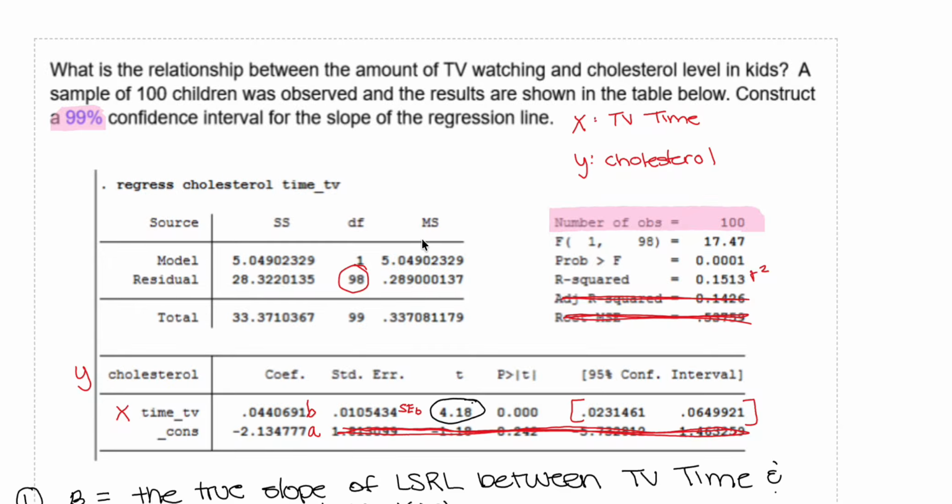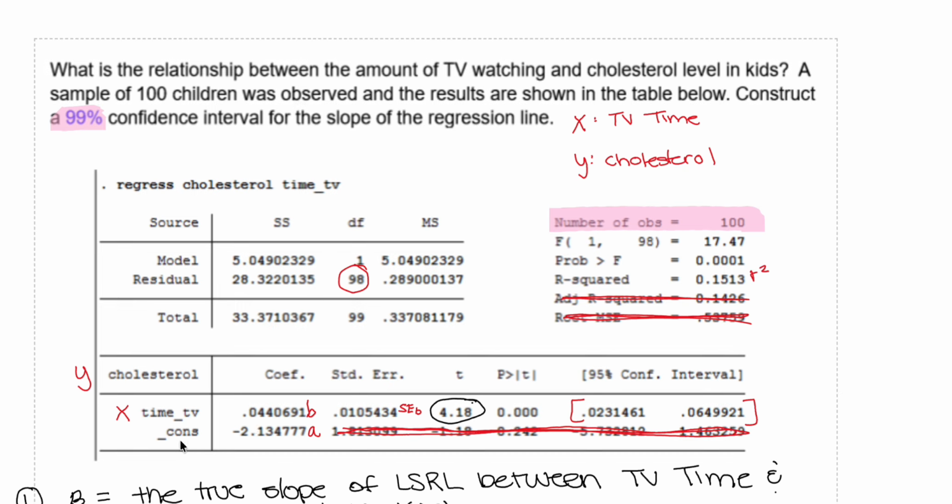Degrees of freedom and MS, not really sure what that is, but we'll see. We'll leave it just as neutral. But for the lines that I crossed out, we don't even need to care about them at the beginning. For the rest of them, we will pick as we go through the questions which one is useful to us, which one is not. And the most important information is actually lying in the bottom.